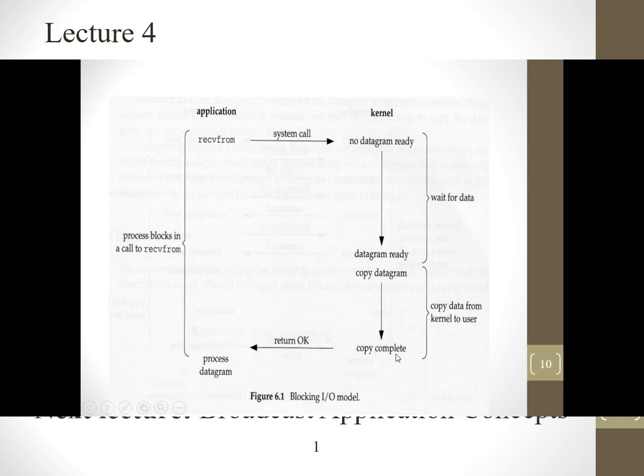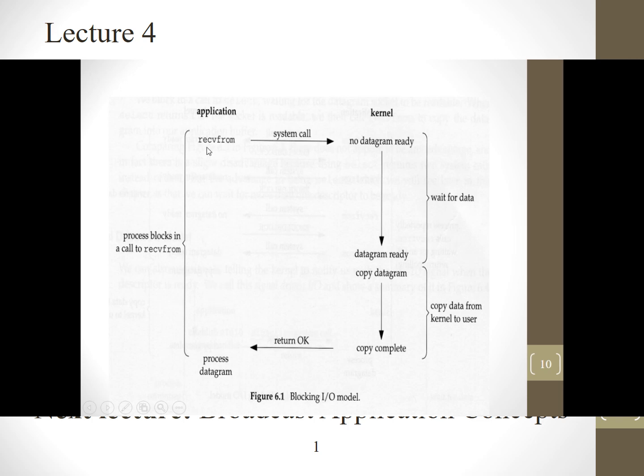From the start of the wait until the copy is complete, the process is put to sleep in block mode. Then the datagram was copied and successfully returned. So why is it called the blocking I/O model? The reason being that from waiting for the data till copying the data, the process was put to sleep in block mode.